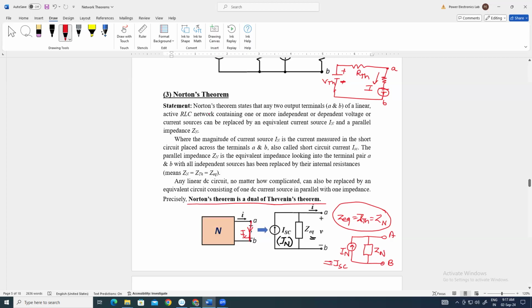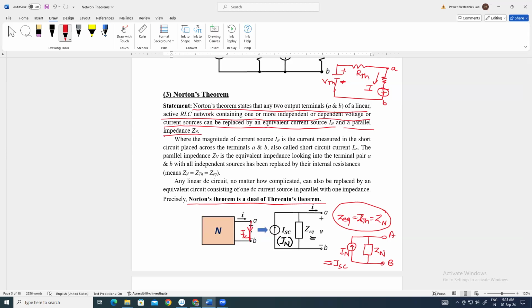So according to Norton's theorem, it states that any two output terminals AB of a linear active RLC network containing one or more independent or dependent voltage or current sources can be replaced by an equivalent current source, that is the Norton current, and a parallel impedance Zn.